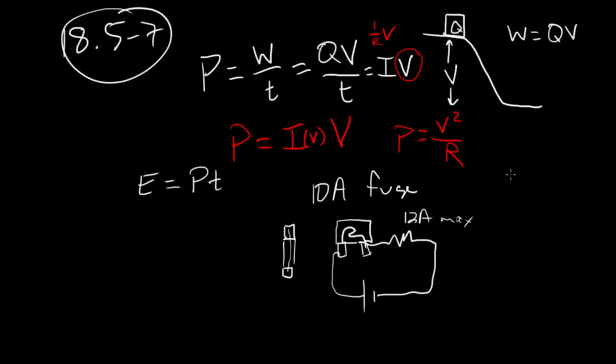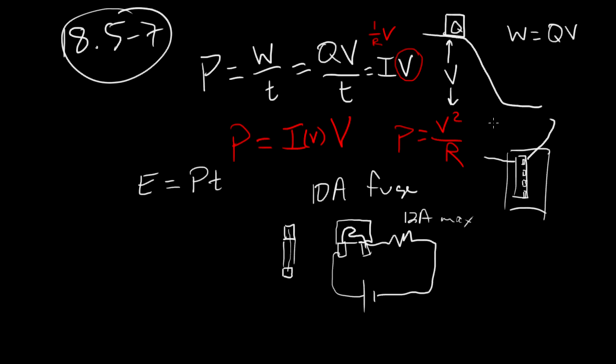We have the same kind of thing if you've ever seen in your house the circuit breaker box, and they'll have a bunch of switches that are switched to on. If too much current ever flows through one of these circuits, each one is on its own circuit.